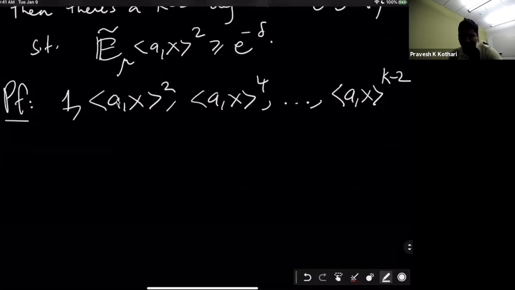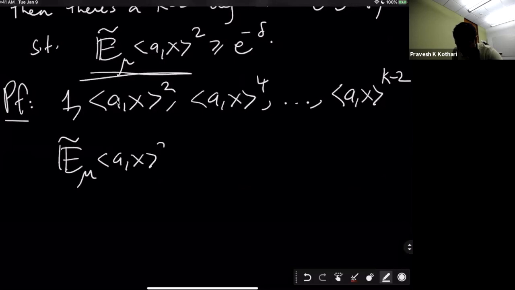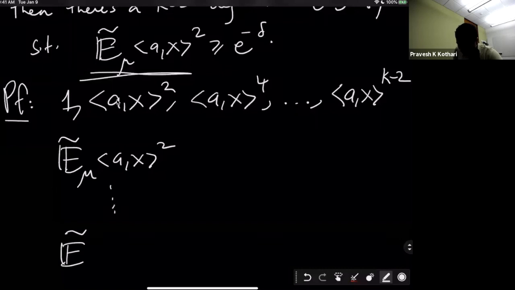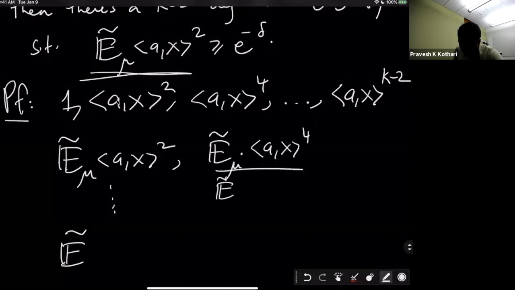Now what happens? If I reweight and then take expectations of A(x) squared, what happens? Well, the first reweighting gives me this. The second reweighting gives me A(x) to the 4 over A(x) squared.